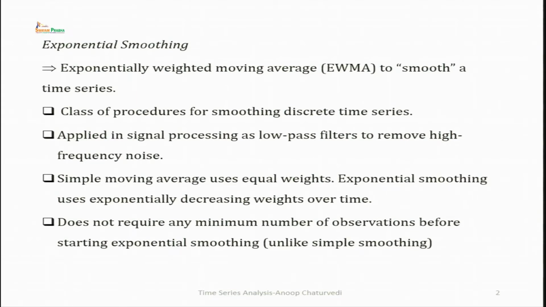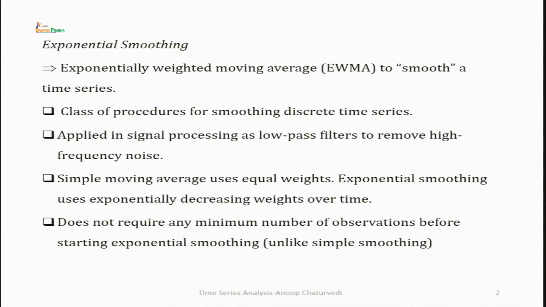You can even apply it in signal processing as low pass filters to remove high frequency noise. Then simple moving averages, as I told you earlier, use equal weights. Exponential smoothing uses exponentially decreasing weights over time. So, this is the specialty of exponentially weighted moving averages.